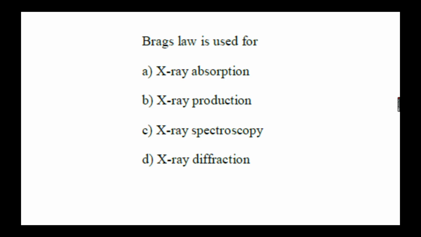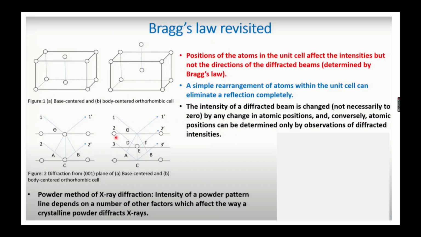This is a very simple question, and I will not give so much attention to this slide. So which is correct? Bragg's law. We all know that Bragg's law, which we have seen in our previous lecture, is used for X-ray diffraction, where n lambda equals 2d sine theta. In this lecture on Bragg's law revisited, which is very important when you watch it, it says that the position of the atoms in the unit cell affects the intensities but not the direction of the diffracted beams determined by Bragg's law.